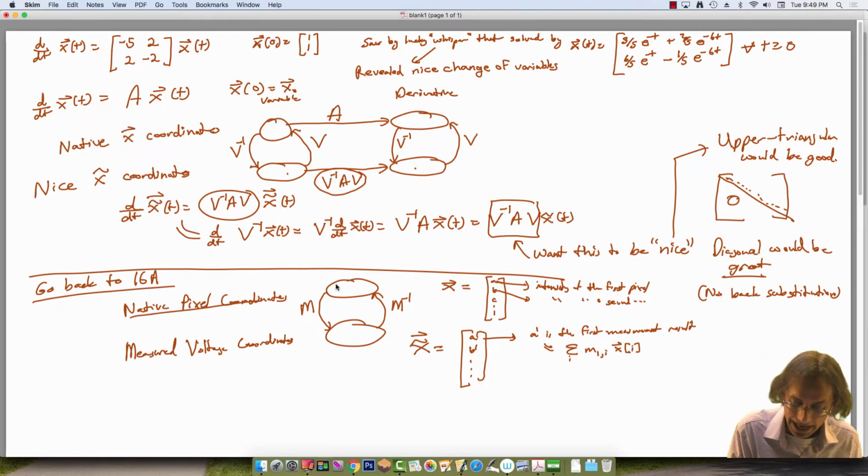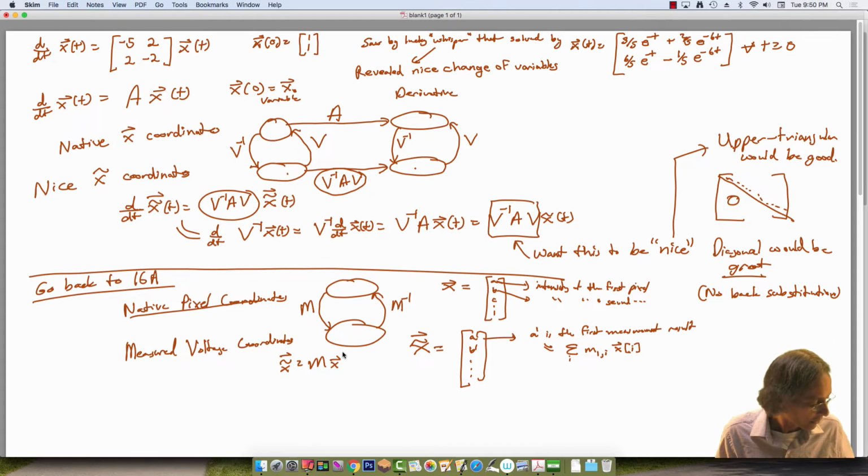So this is what is meant by M transforming x, the image, into these new coordinates, which are the measured voltages. This is written in 16A by saying x tilde equals M times x.